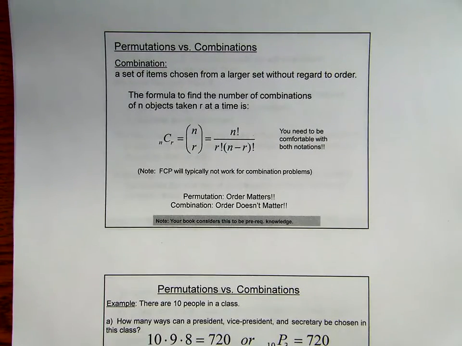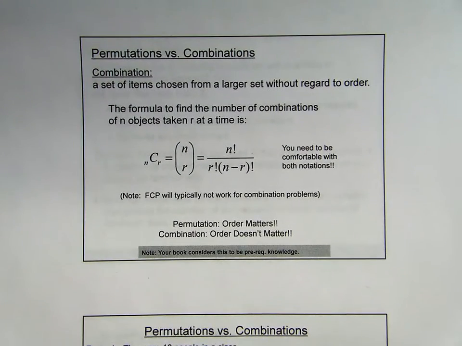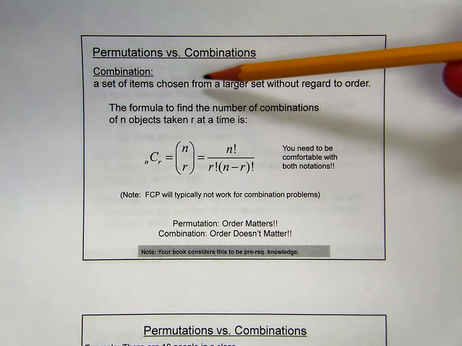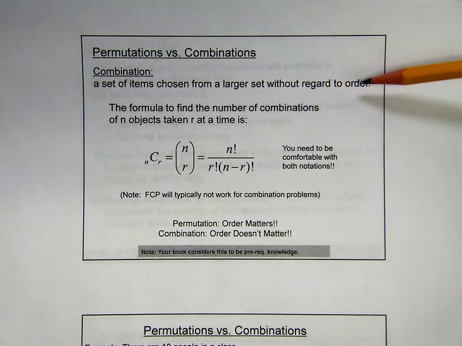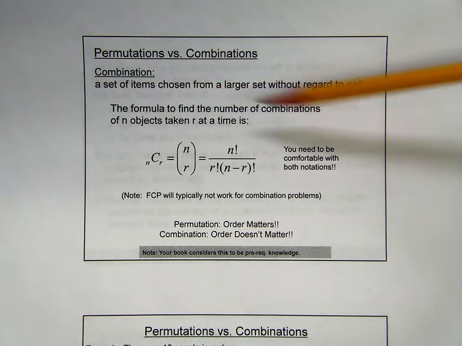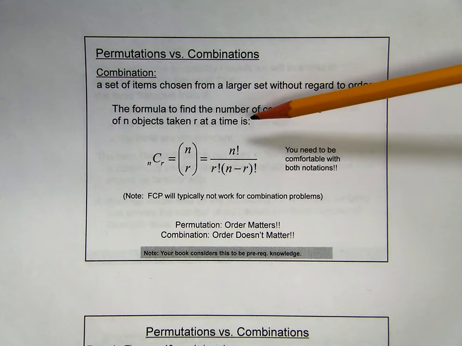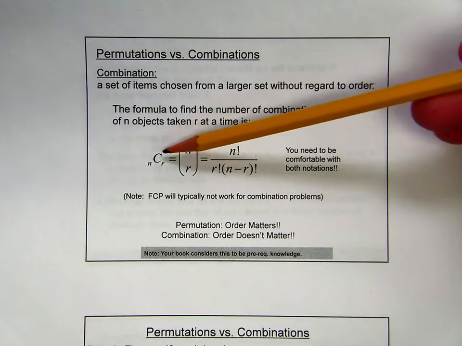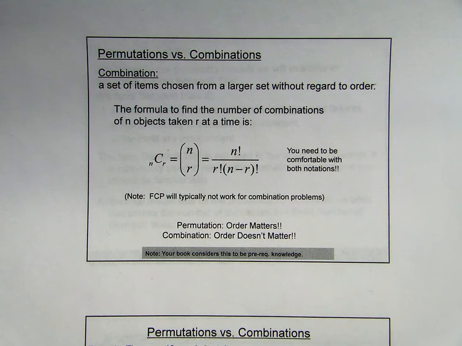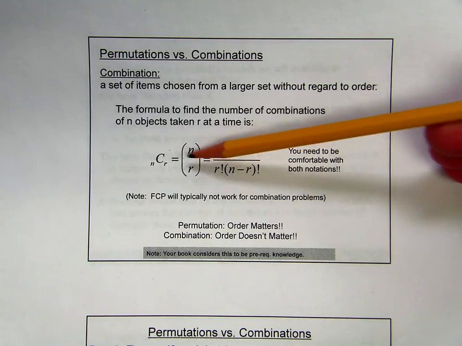Now, in contrast to a permutation, we have combinations. A combination is a set of items chosen from a larger set without regard to order. The formula to find the number of combinations of n objects taken r at a time is this. So instead of nPr, we have nCr. There's also a different notation for combinations where you have one number on top of another one inside of parentheses.